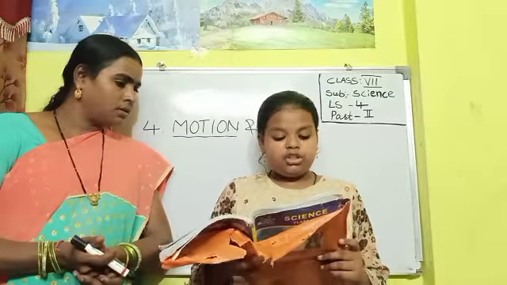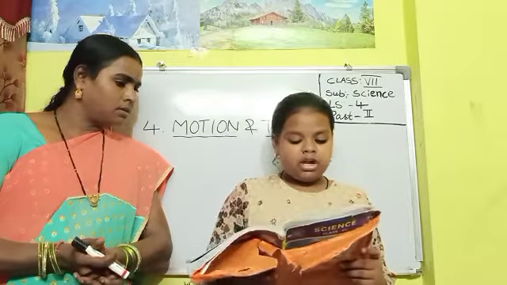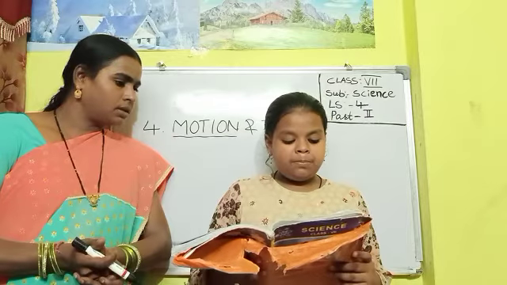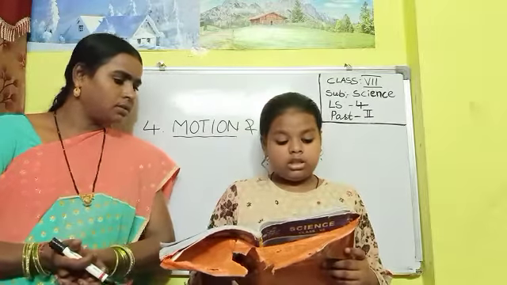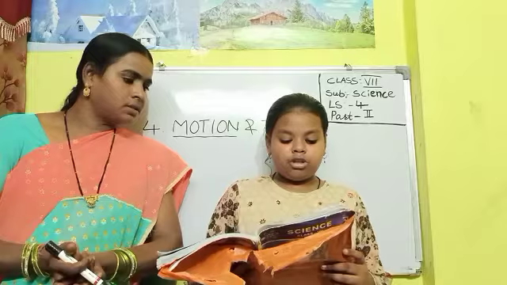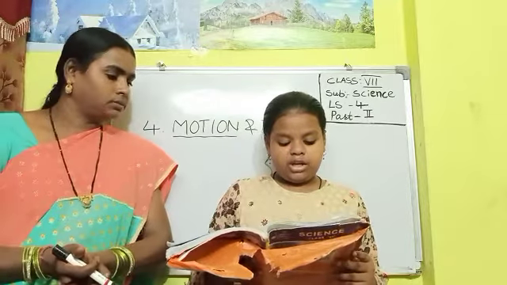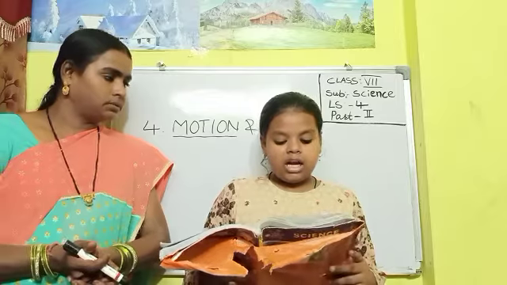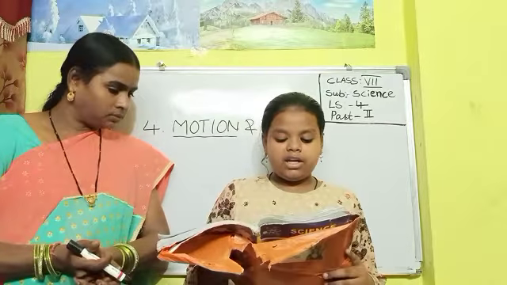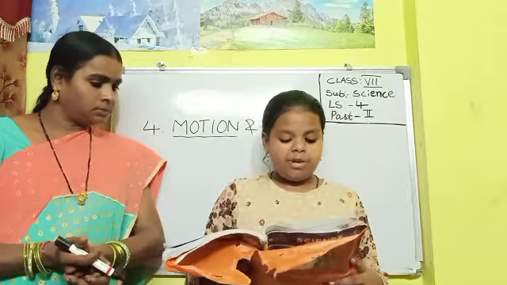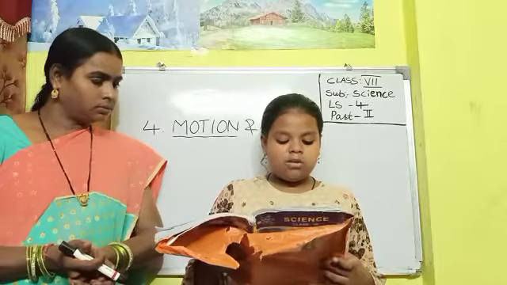A spinning top, bullet fired from a gun, typewriter key, motion of a potter's wheel, motion of a vibrating sitar string, motion of a car taking a turn while moving, ring of a bell, a bouncing ball.